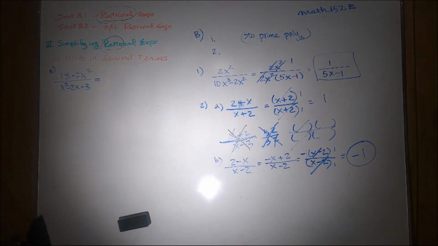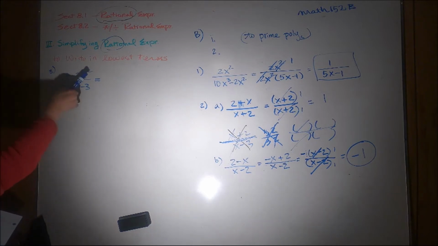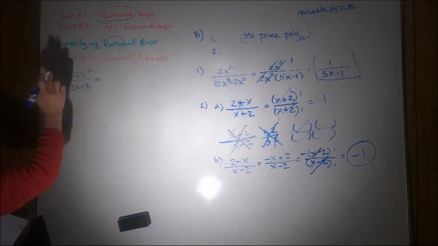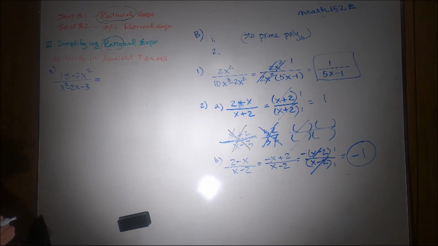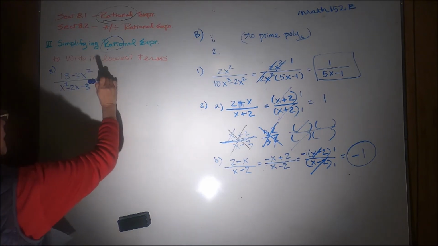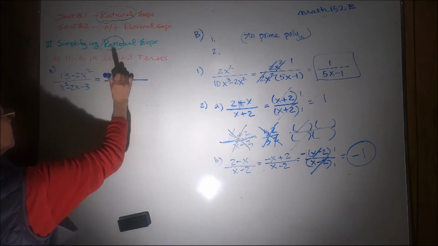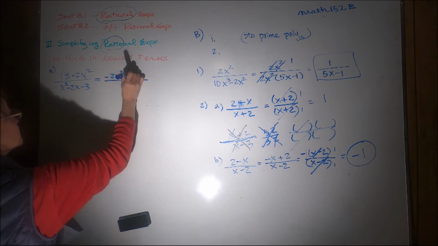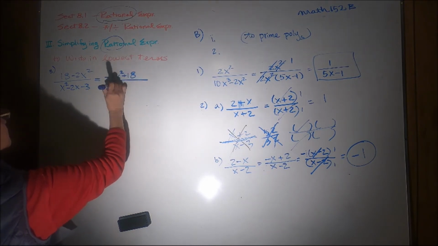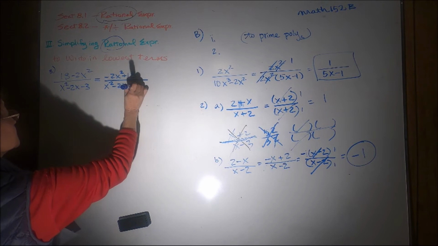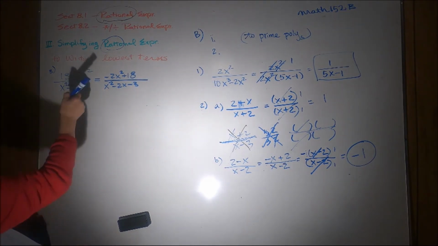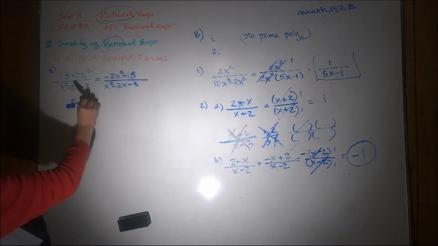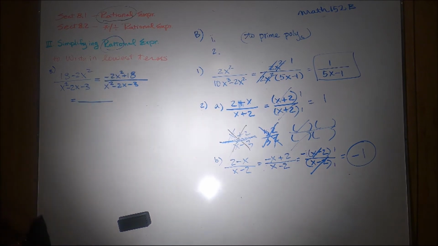Let's look at the next one. So, 2 terms. Is that prime or not? But before you decide whether or not they are prime, you should write it in standard form first.